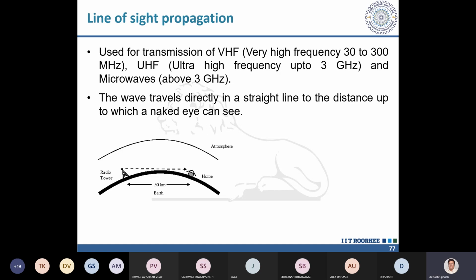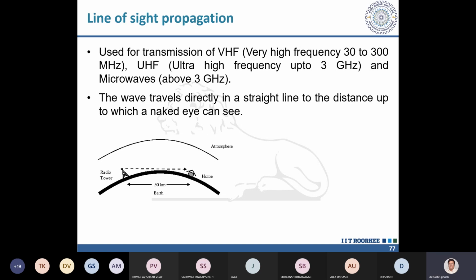This line of sight propagation is possible in very high frequency. In fact, very high frequency cannot even get reflected from the ionosphere. They will penetrate the ionosphere. So very high frequency transmission can only use line of sight. You cannot go for skywave there because it will penetrate the ionosphere.